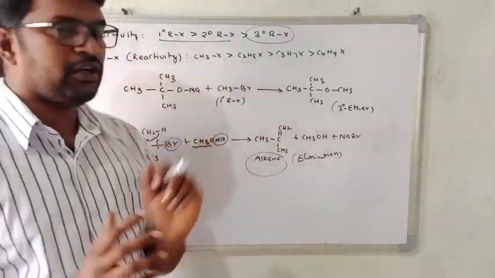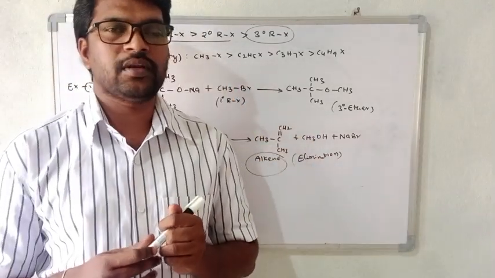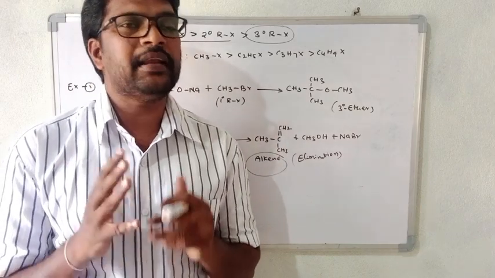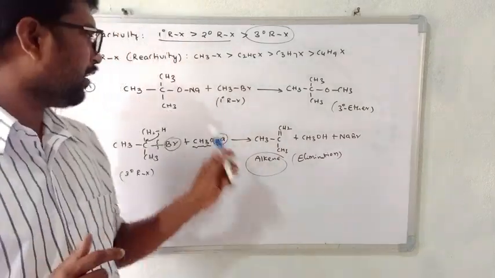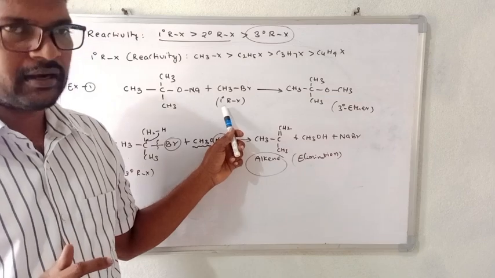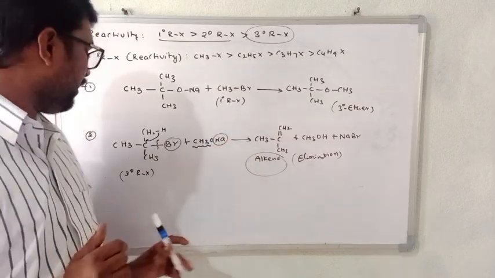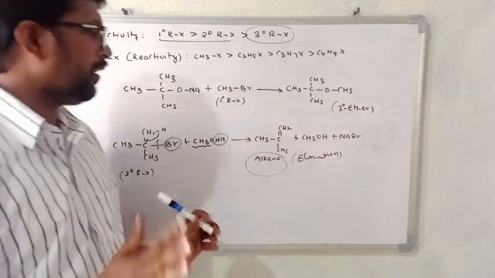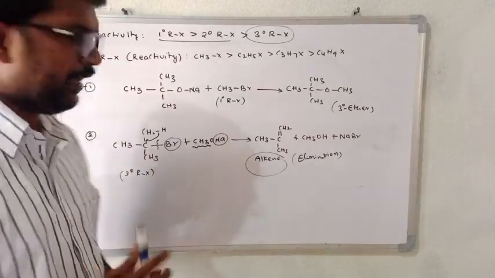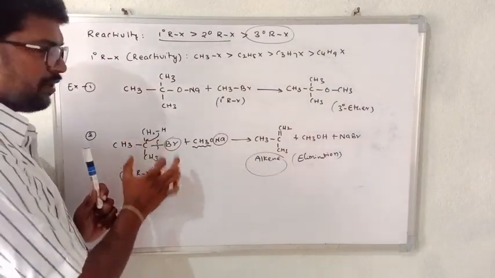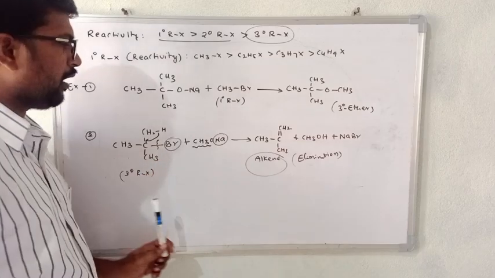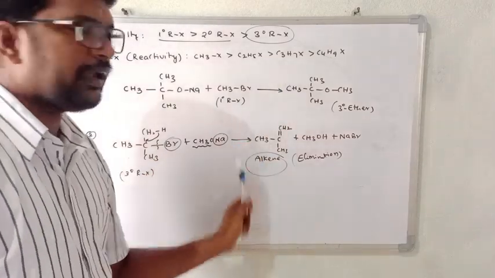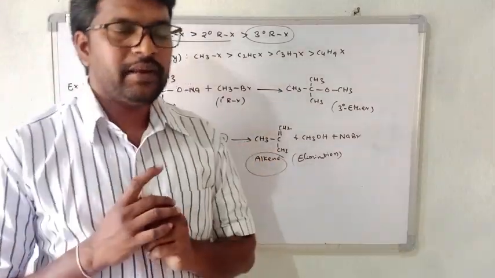It belongs to SN2, bimolecular nucleophilic substitution reaction. But if you want to prepare tertiary ether, we have to take primary or secondary alkyl halide. Whenever you take tertiary alkyl halide, the product is alkene. You have to remember this point. In this reaction, if you use tertiary alkyl halide, instead of ether, alkene is formed. That is about Williamson synthesis.